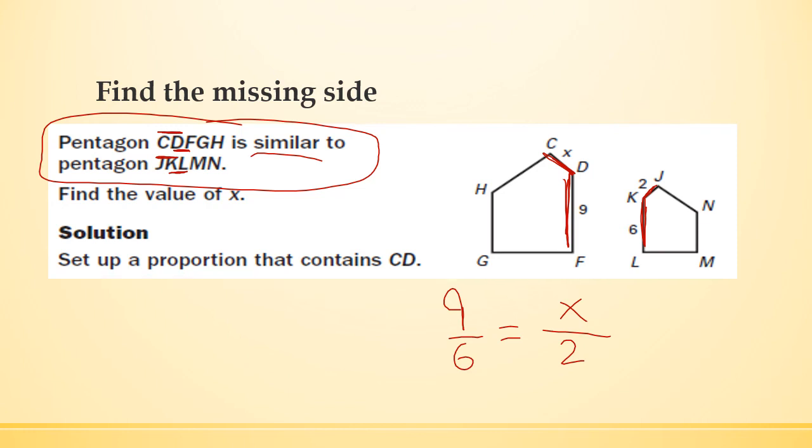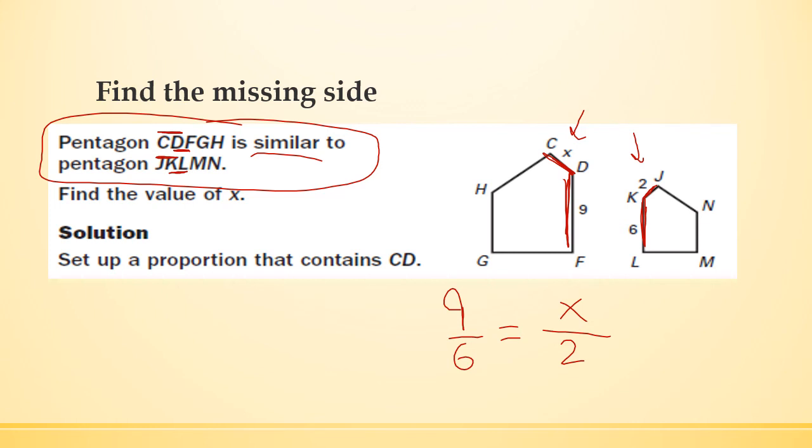Now, a couple of things to think about. When you solve for x, a question you can ask yourself: if these are similar, should I expect to find x to be bigger or smaller than 2? These are ways that you can check to see if you did your work right. And as I look at this, I see that 9 is bigger than 6. So x better be bigger than 2.